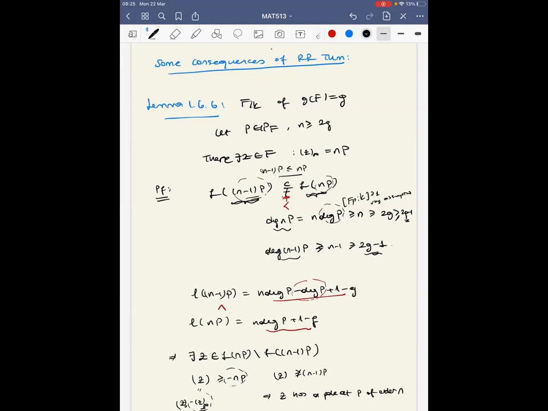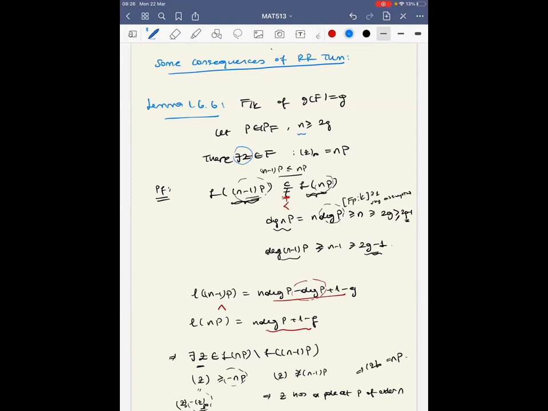And this shows us the pole divisor. So there exists a function whose pole divisor is exactly nP. So, okay, if n is sufficiently large, we can find a function which has prescribed poles.